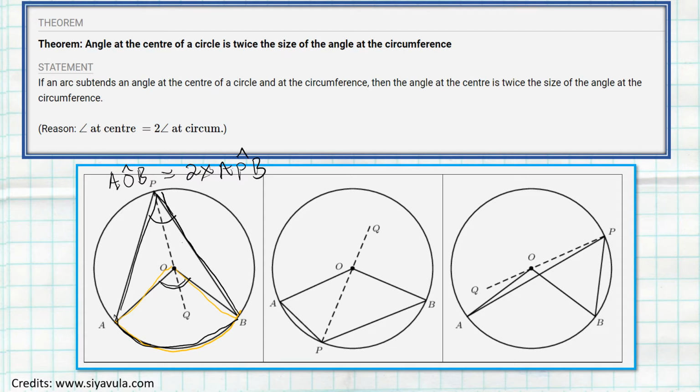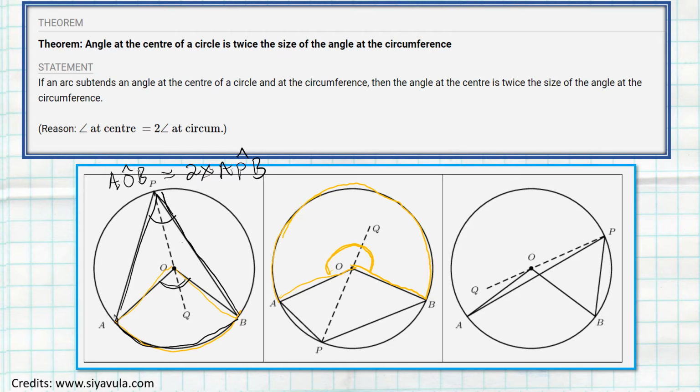Let me show you using these other diagrams. In this diagram, you have an angle subtended by the arc at the center. It's not quite easy to see, but here your arc is subtending a certain angle at the center.